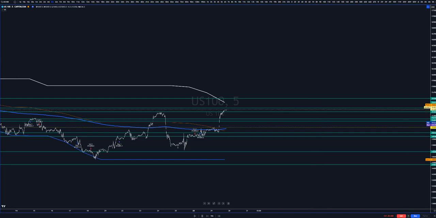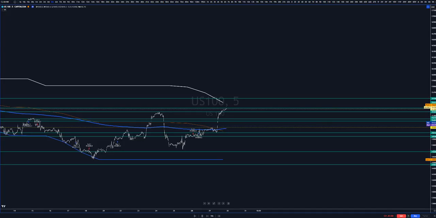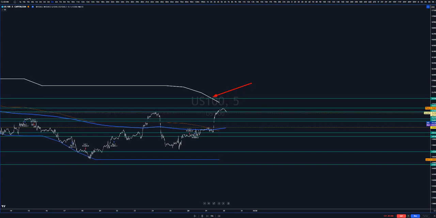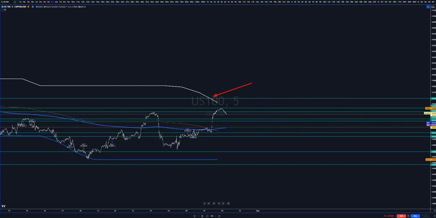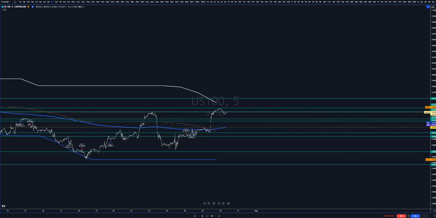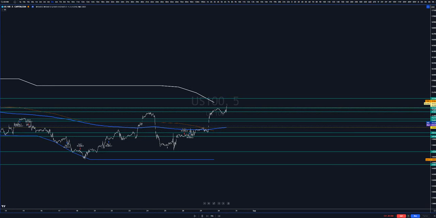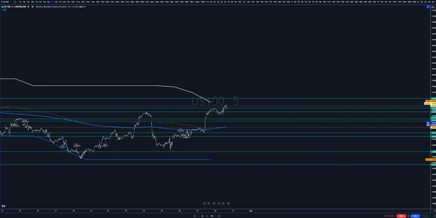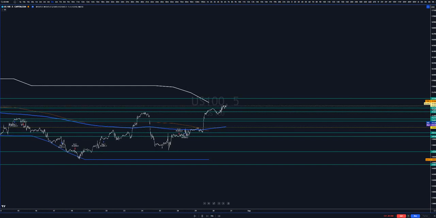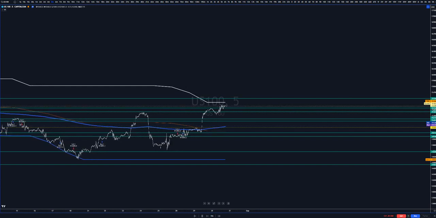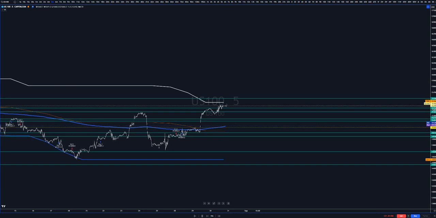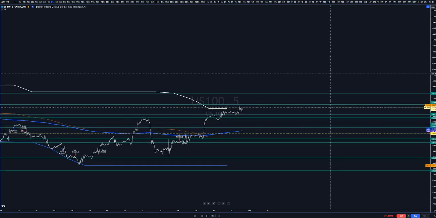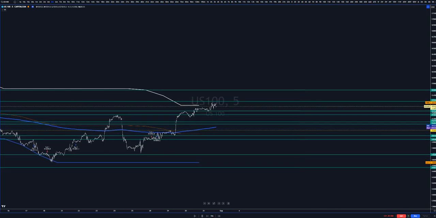Like I said, we go above this upper line or upper channel, we go bullish. So the market broke.